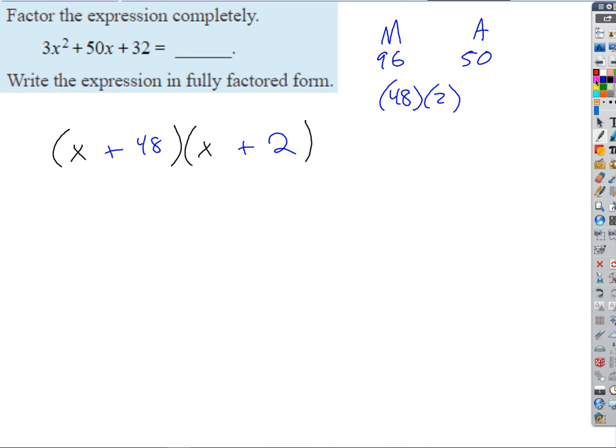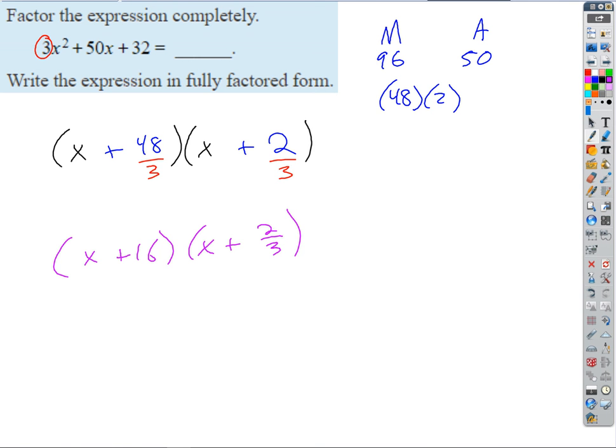Okay, now what? Divide by 3. Okay, which reduces to what? X plus 16, X plus 2/3, and then last step? Bottoms up.